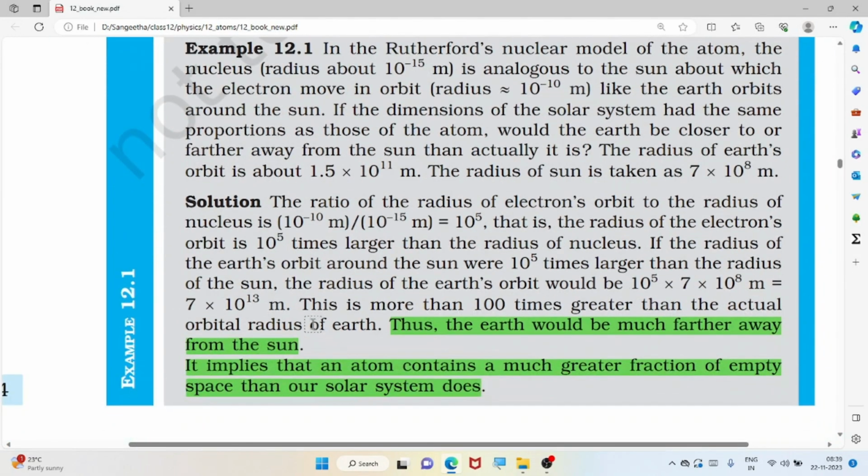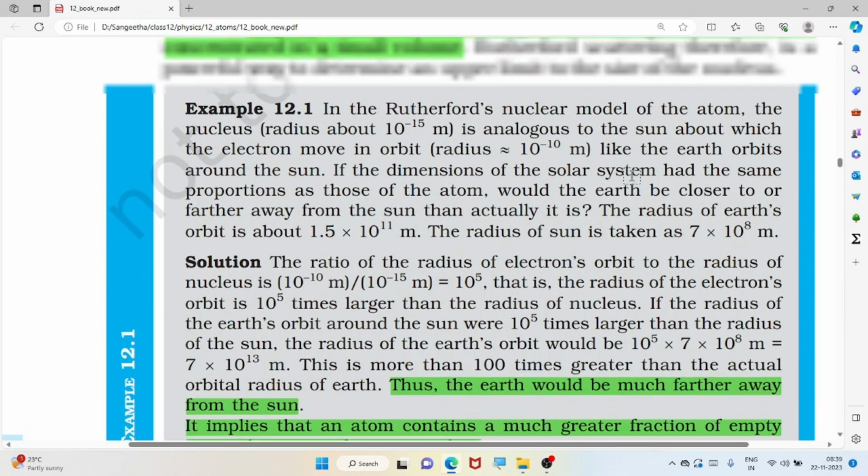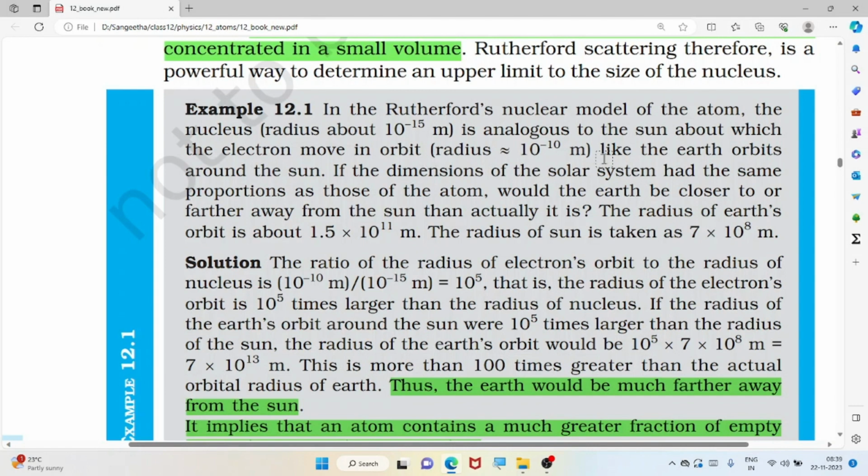In the Rutherford nuclear model of the atom, the nucleus is around 10 power minus 15 meter. Make it analogous to the sun and the planets, the sun about which the electrons move in orbit, like Earth orbits around the sun.